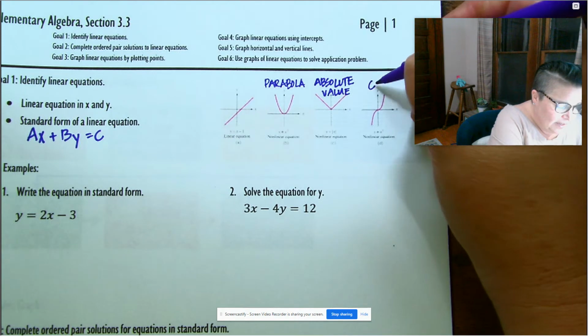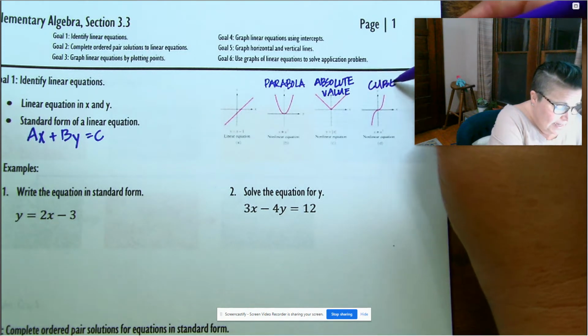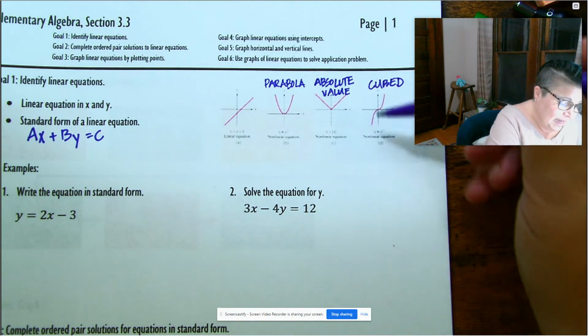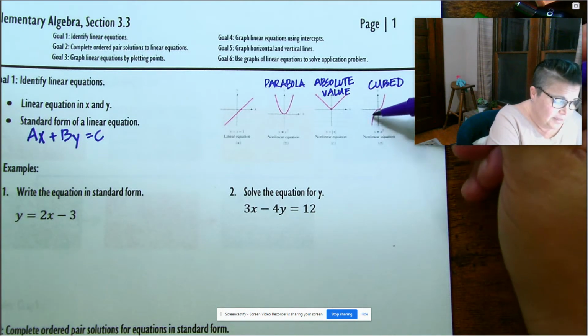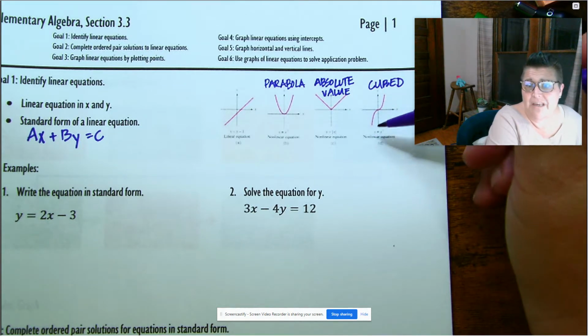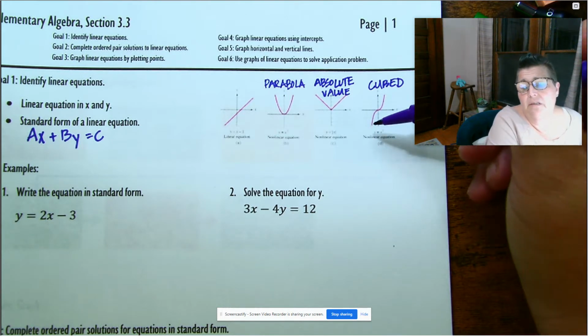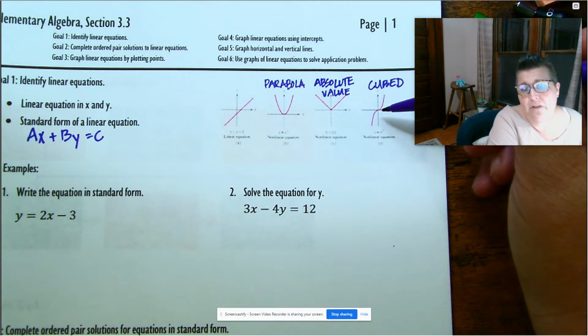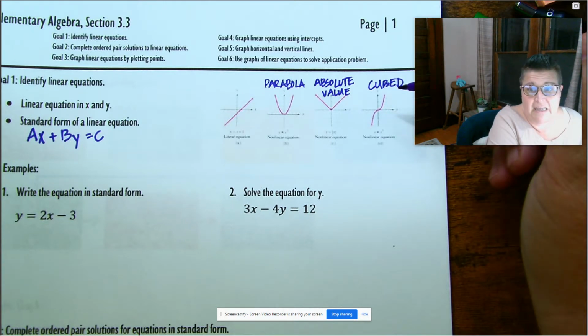Lastly, we have an example you haven't seen yet. This is an example of a cubic equation. I know this is a cubic because cubics have these sort of S shapes. So this is a change in direction. It was increasing and then it kind of flattens out for a little bit and then it increases again.